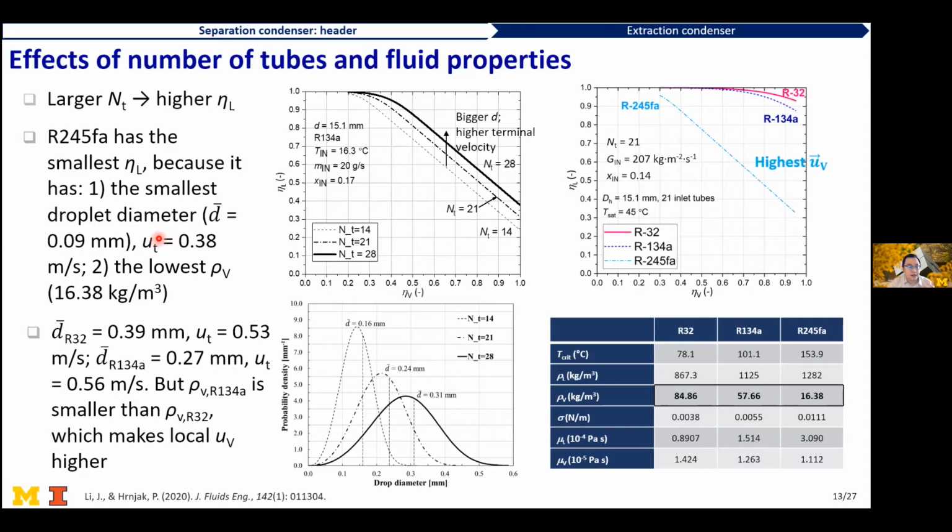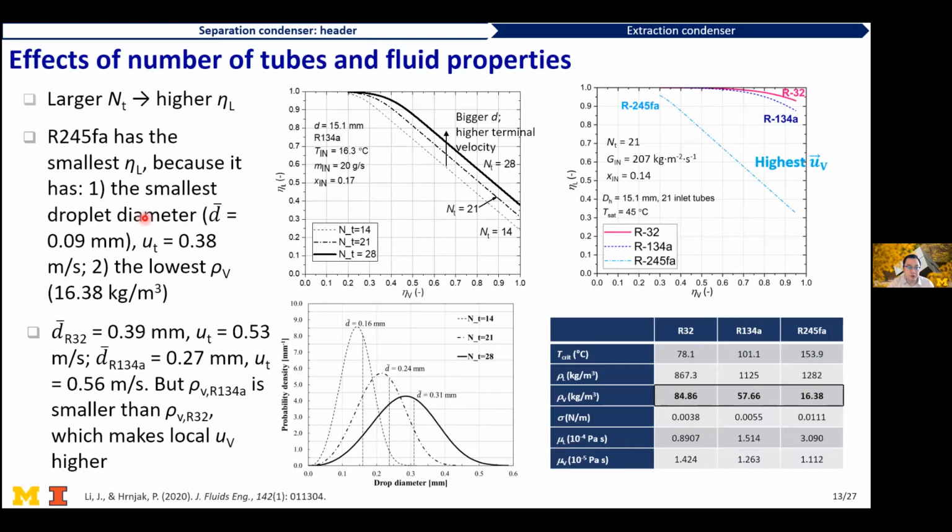So it is easier to entrain the liquid droplets. And on the other hand, when we compare rho v, the vapor density, for these three, the R245fa has the lowest rho v, which will give the highest UV.